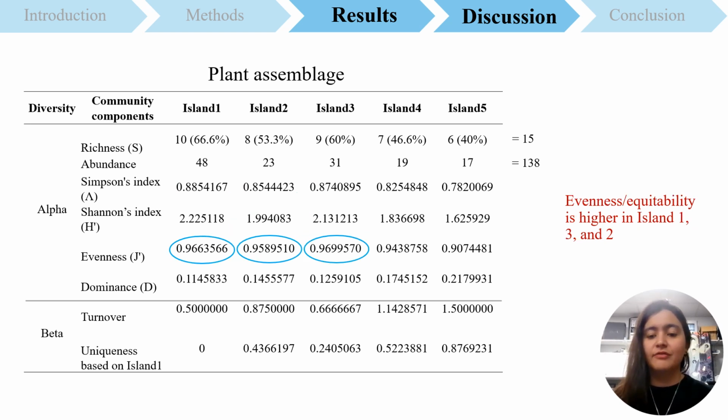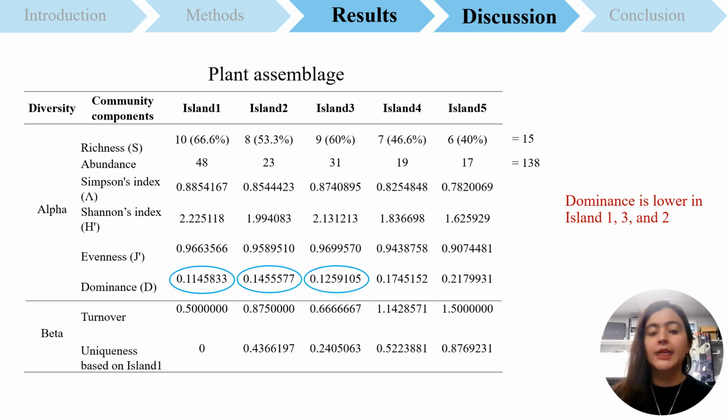This reflects a high level of equitability or evenness, and in turn a low level of dominance in this island. The rank abundance curve analysis also suggests this pattern of low dominance for these islands.